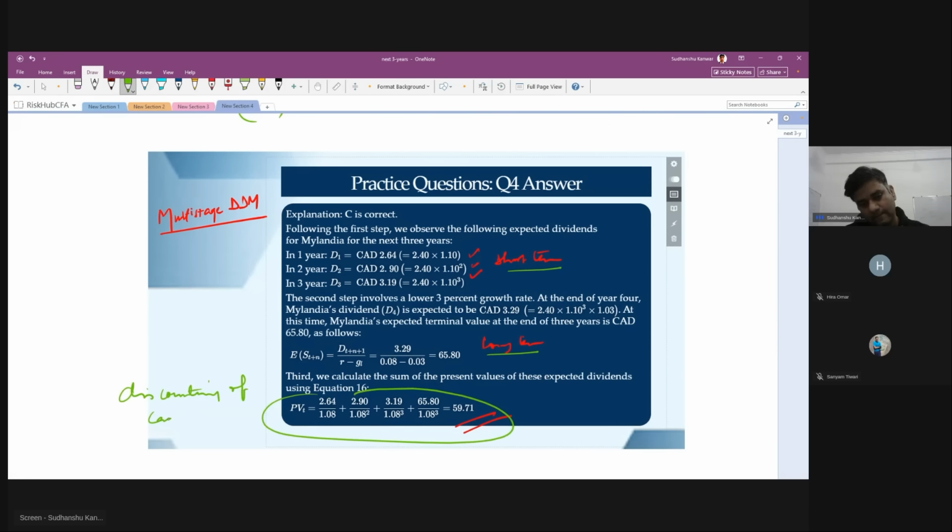This logic was not there in the previous questions, where we did only D1 divided by KE minus GC and focused only on 65.80. But here we have to focus on different cash flows. A little tricky, but I'm pretty sure it is not that difficult.